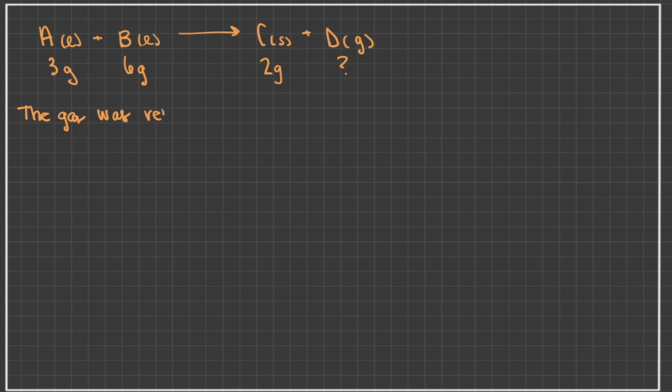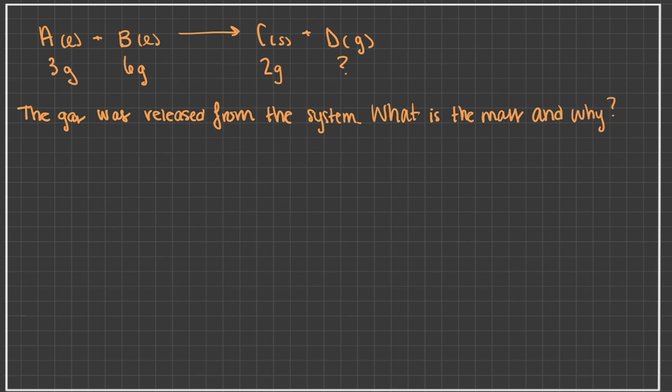These two react in order to have 2 grams of our C compound, and unfortunately, because it was an open system, we have no idea how many grams of our D compound were made. So because this gas was released from the system, what is the mass and why do we know that this is the mass? How do we verify that this is the correct number?